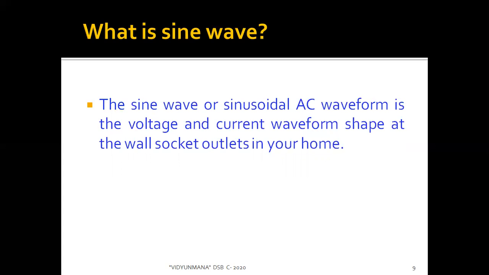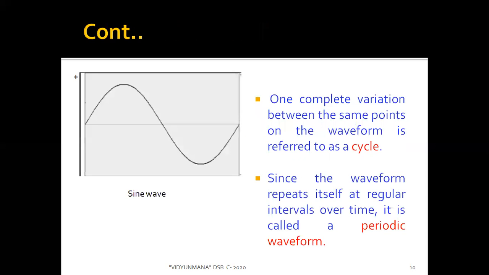So this is a real-time example of the sine wave. This figure illustrates the sine wave. The top is the positive half cycle, this line indicates the zero level, and the bottom part is the negative half cycle.